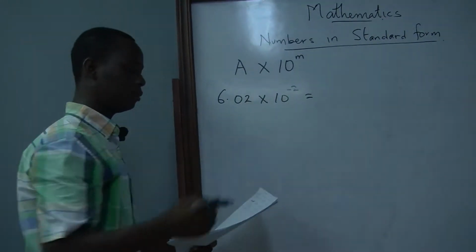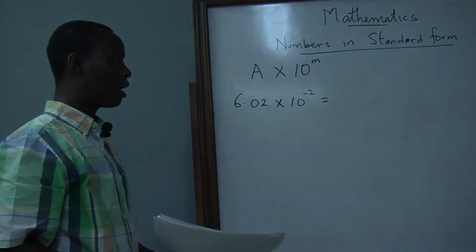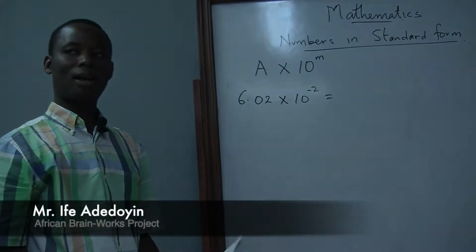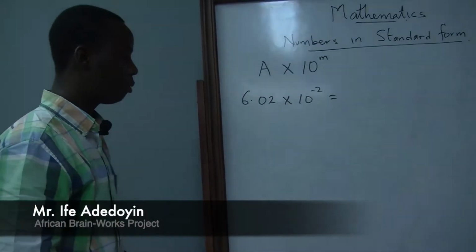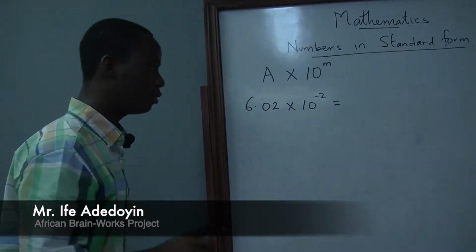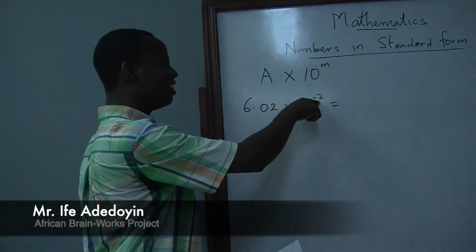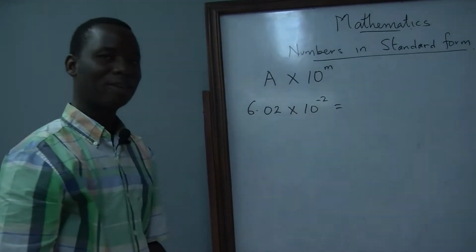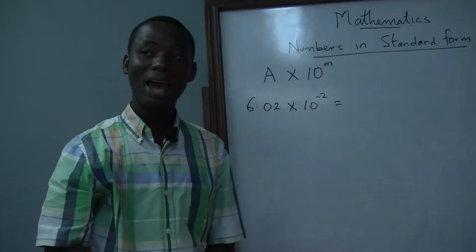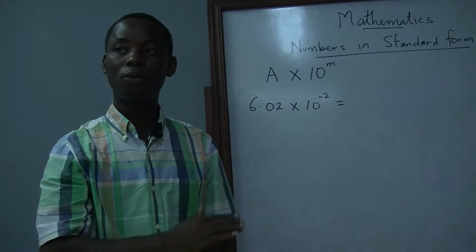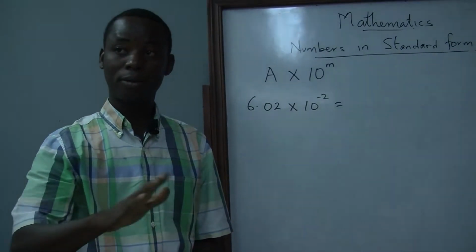This is what we're given, and they ask us to write this number in ordinary form. Note one thing first: what we have here is negative 2. Negative there is making us realize that that number is less than 1.